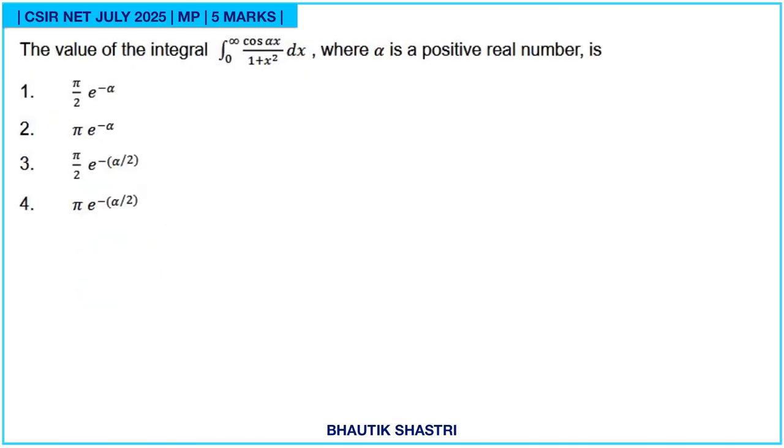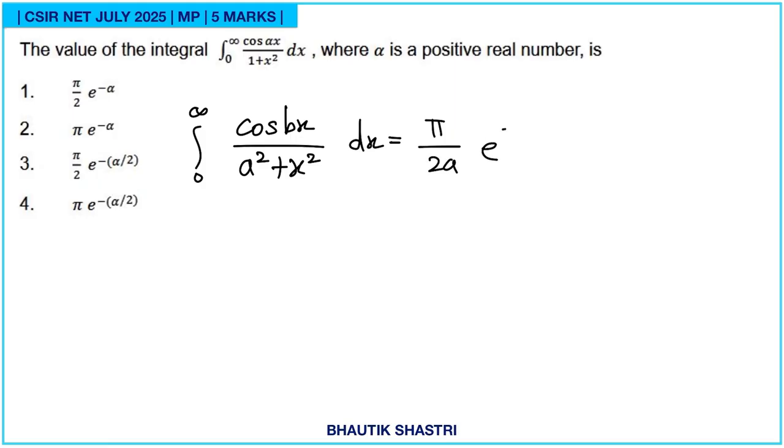Next question. The value of the integral from 0 to infinity of cos αx upon 1 plus x² dx, where α is a positive real number, is. This is a standard integral. We have the integral from 0 to infinity of cos bx upon a² plus x² dx is equal to π by 2a e raised to minus ab, where a is greater than 0, b is greater than 0.